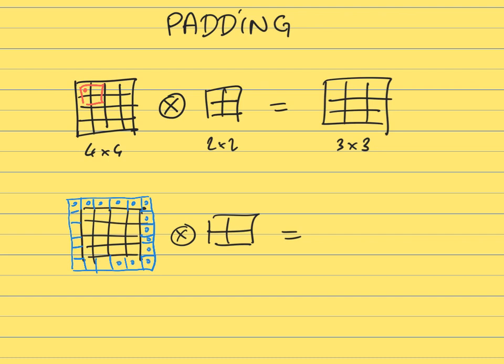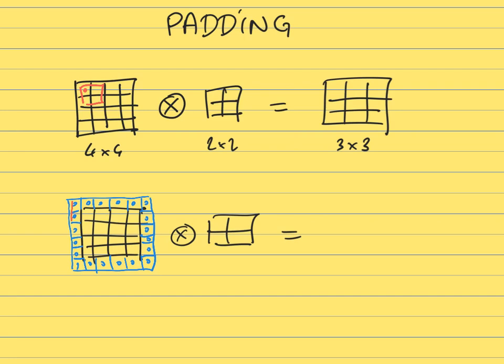But now, by having those pixels at the edges, it will put more weight on the edges, because now you will be able to put the filter here, here, and here, which means that you will have 4 possible filters that overlap with this pixel here.